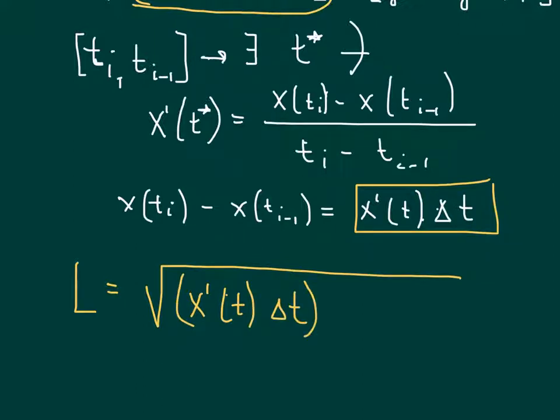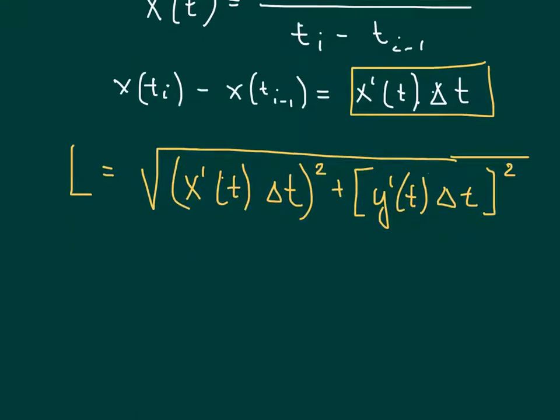squared plus y prime of t delta t squared. And you know that what we're going to do is take this Riemann sum, add all of these together as delta t approaches zero. So eventually we're going to end up with the antiderivative of this thing.